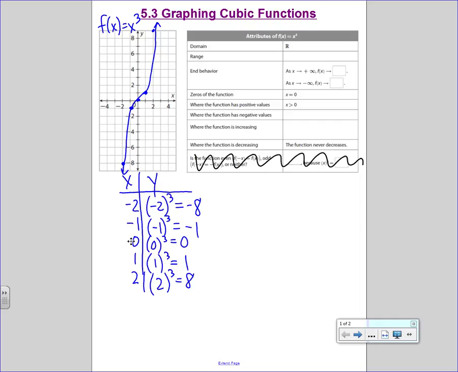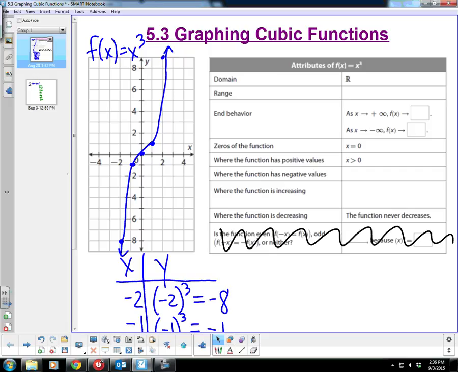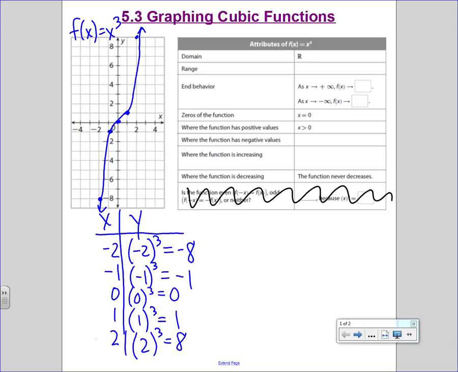All right, so now when we're looking at our function, let's figure out some things here. Domain is our what values, x or y? X values. So domain is your x values. And what this R is here saying is all real numbers.